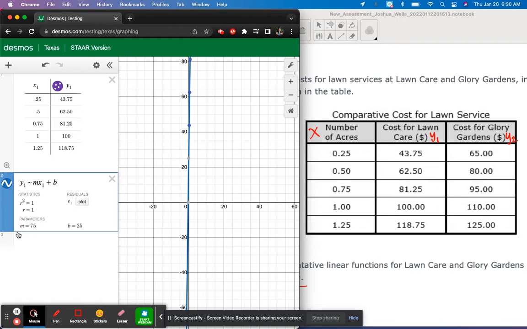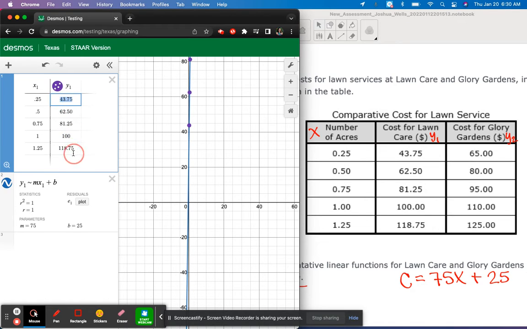And I'm going to come over here and write my equation, and we need to remember that we are writing this equation using C and A instead of Y and X. So the total cost for lawn care equals 75x plus 25. That's our first equation.